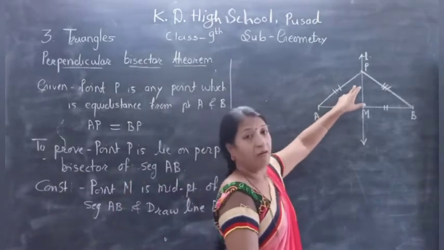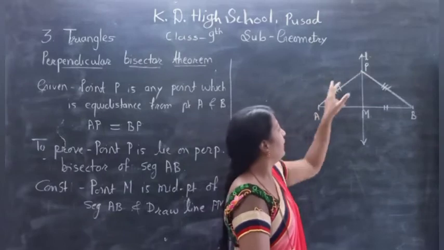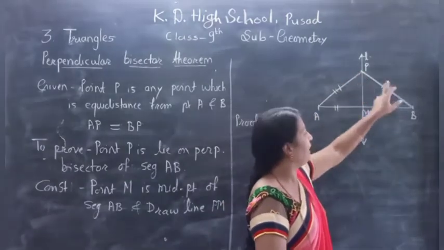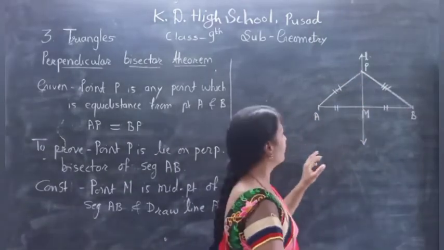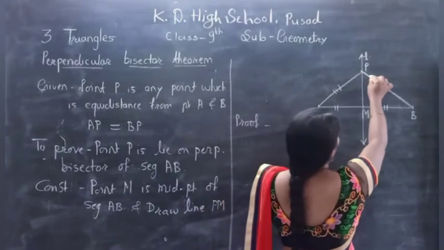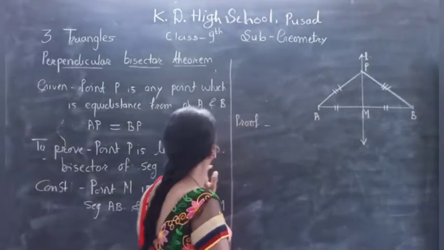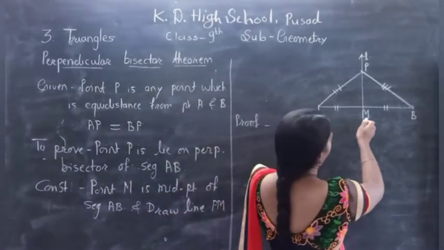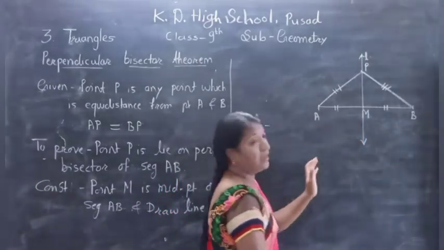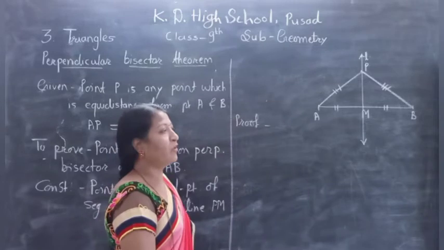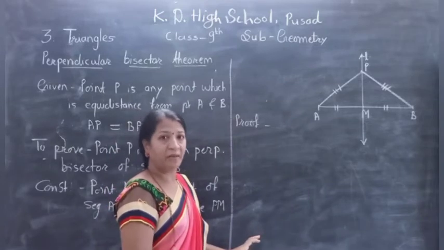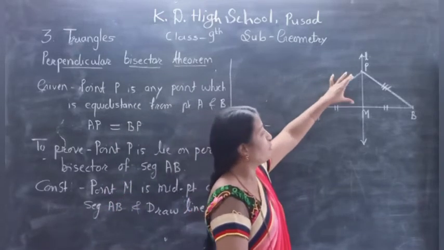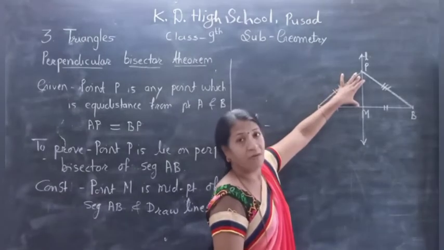Now in triangles PAM and PBM, we observe that segment PA is congruent to segment PB, that is the given. Then segment AM is congruent to segment MB by the construction, because M is the midpoint of segment AB, and we join the segment PM.